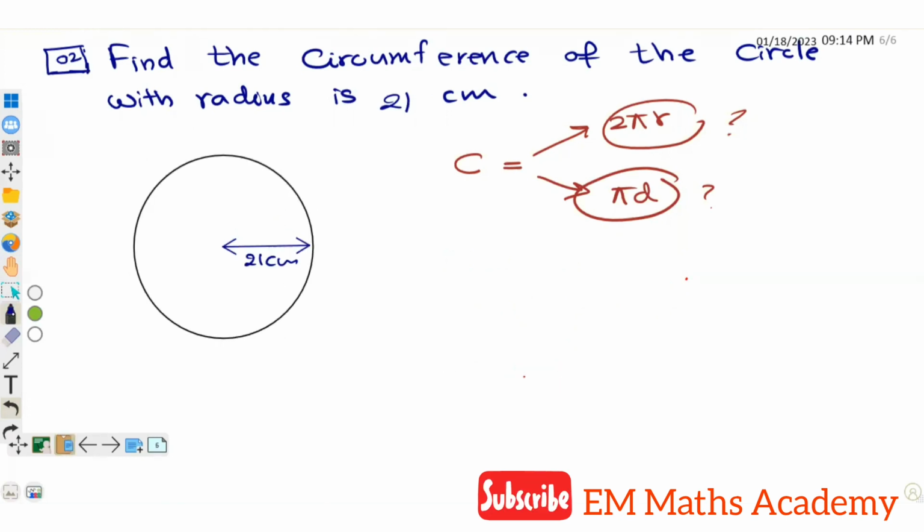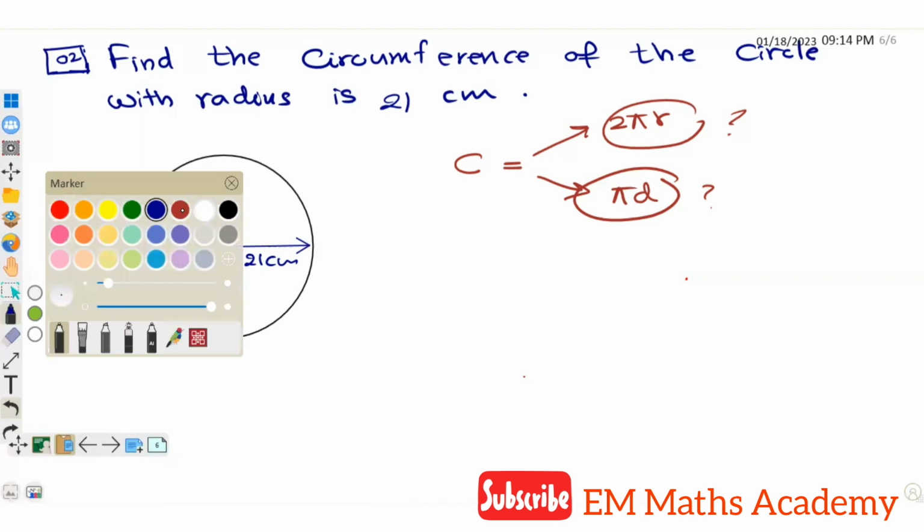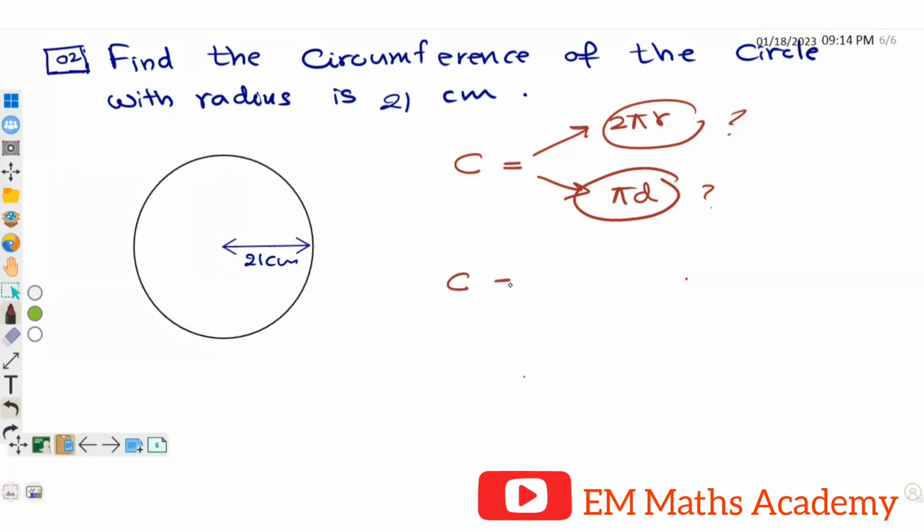Okay, then what is the formula that we have to apply? Now tell me. Yes, what is the formula we have to apply to find the circumference? Is it the first one or the second one? First one. Then it is 2 pi r equals 2 times 22 over 7 times r. It is 21.